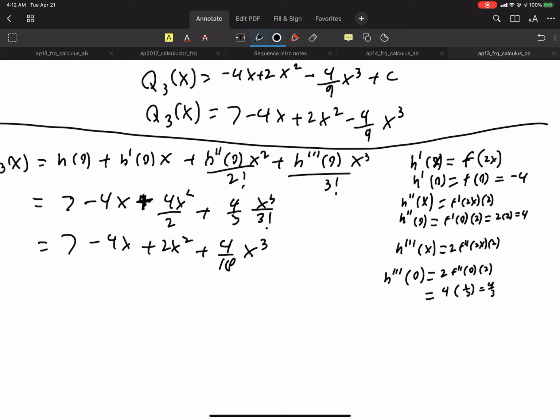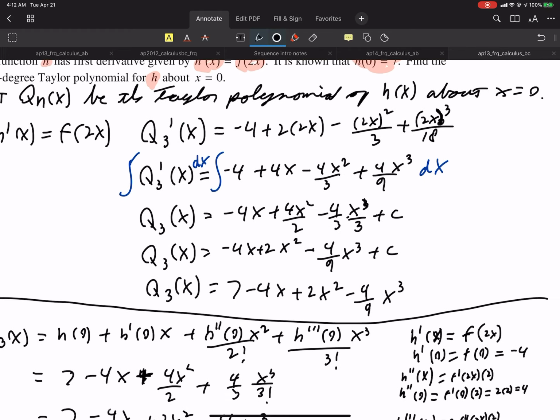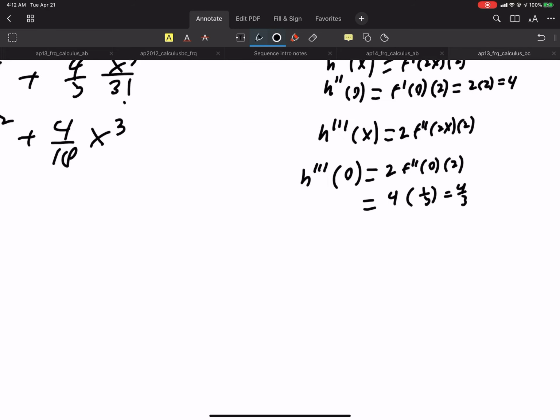So I got to figure out where I messed up. So that should be f double prime at 0. What's f double prime of 0? Negative 2/3. Wow. Negative 2/3.